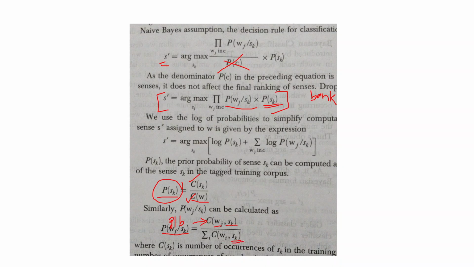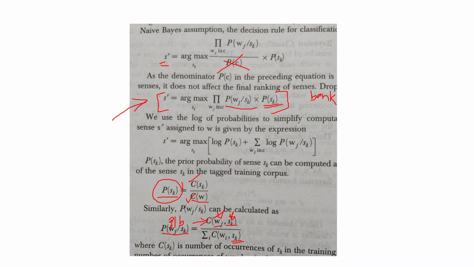what sense, bank as a financial institution, occurs among all the words. So among all the words, you find how many times the sense bank as a financial institution occurs with the word girl. Similarly, for all the words we find this out and take the product. That is how we compute this. For all the words in the sentence, you find the probability, take the product, and multiply by the probability of Sk, which is the sense.